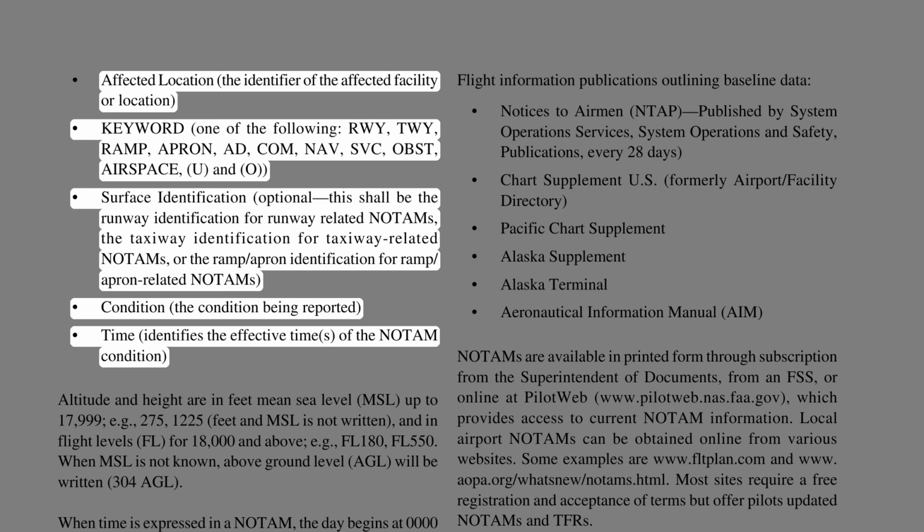Surface identification, optional. This shall be the runway identification for runway-related NOTAMs, the taxiway identification for taxiway-related NOTAMs, or the ramp or apron identification for ramp or apron-related NOTAMs. Condition being reported. Time identifies the effective times of the NOTAM condition.